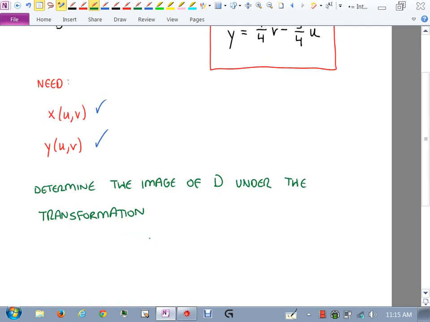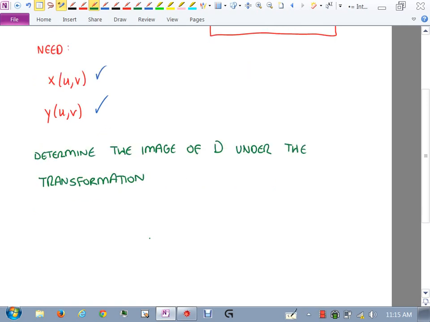I need to know what happens when I take this parallelogram and transform the variables into u and v. What does the image of that D, that parallelogram, look like now? Now we know it should look like a square, right? But I've got to figure that out. I've got to determine that. So I will start off with a graph.